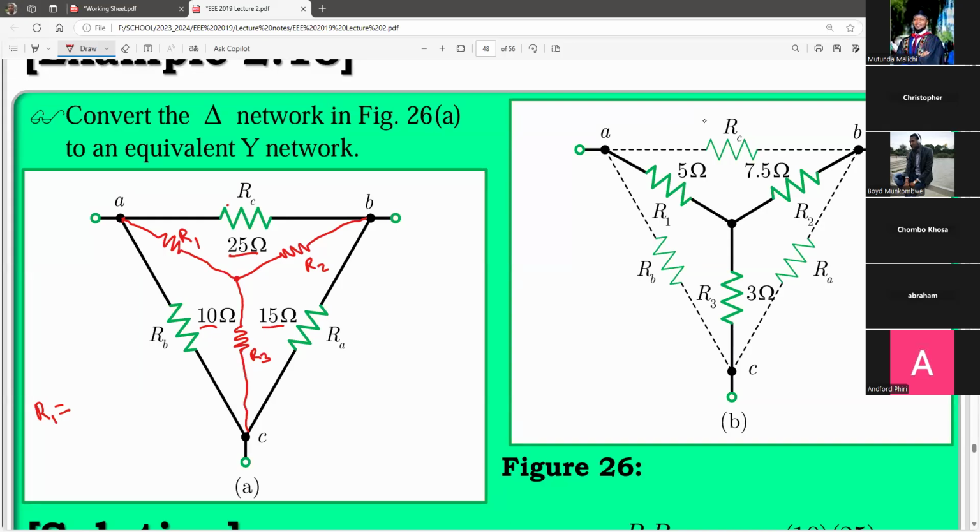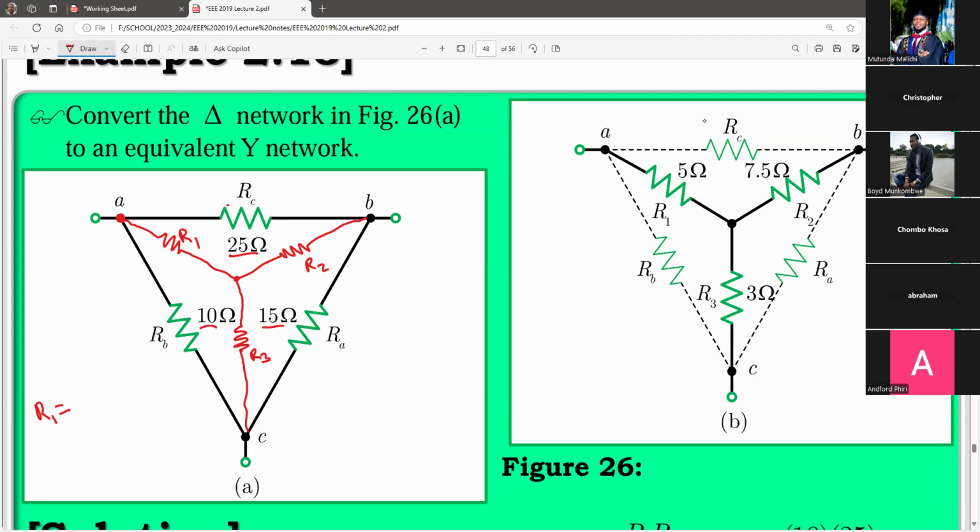R1 is equal to, remember, from delta to star, because I know where R1 is connected. It's connected to point A. It dictates that the numerator should be the product of the two resistors that are connected at point A where R1 is connected.